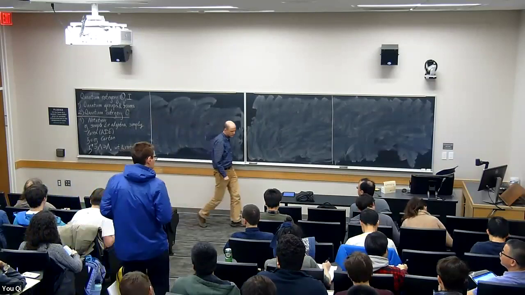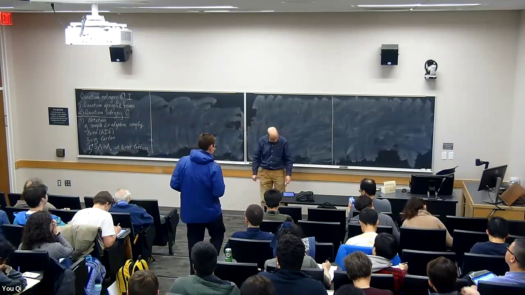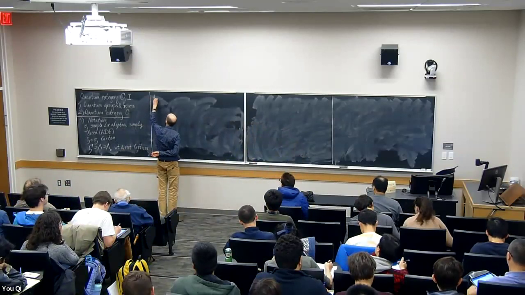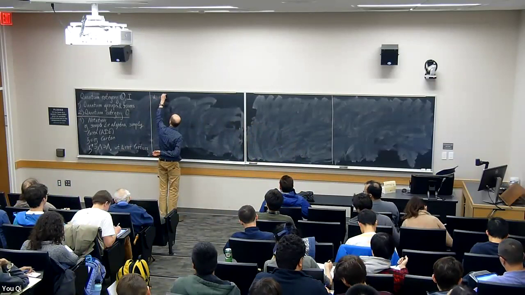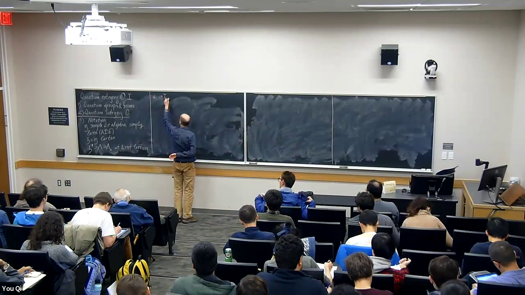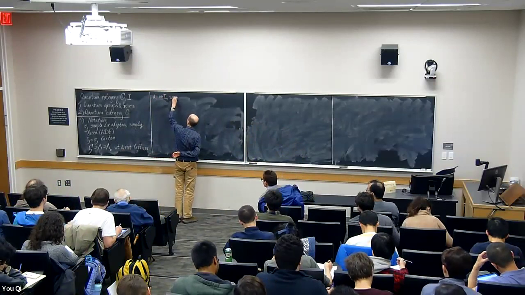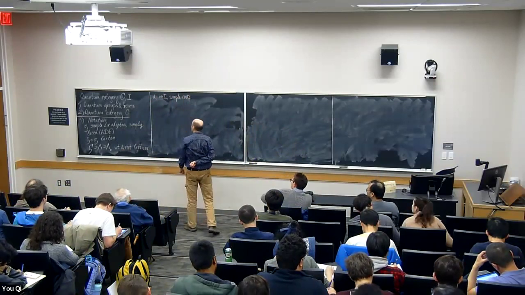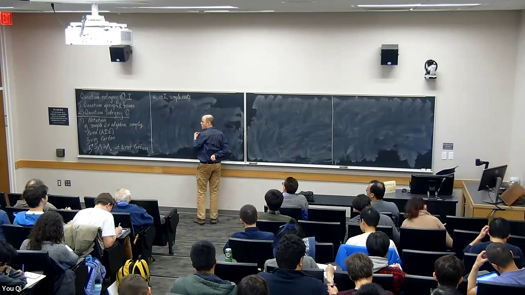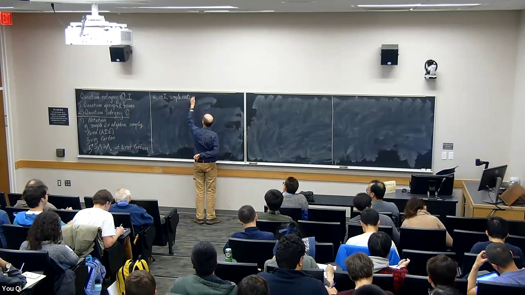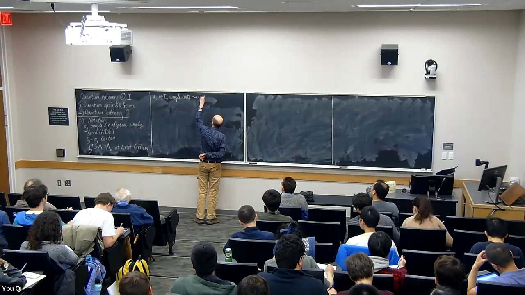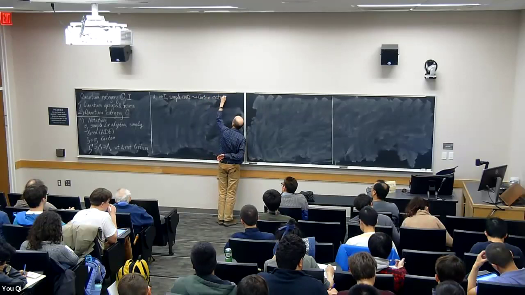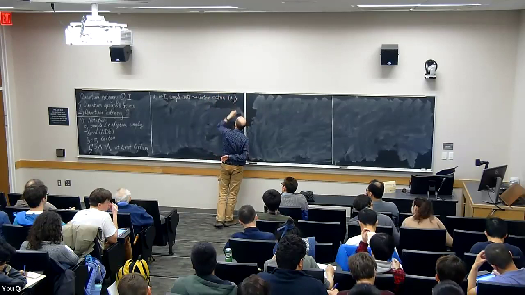Then I want to consider the set of simple roots, alpha_i, where i is in some indexing set I. And then I can have the Cartan matrix, a_ij.